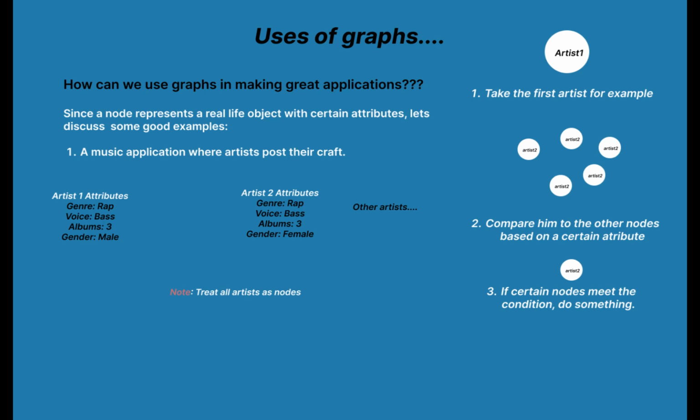We can take the artists as nodes, look at the type of content each artist posts, and then find another artist who posts similar content and suggest a collaboration. There are so many things we can do with nodes that have relationships.